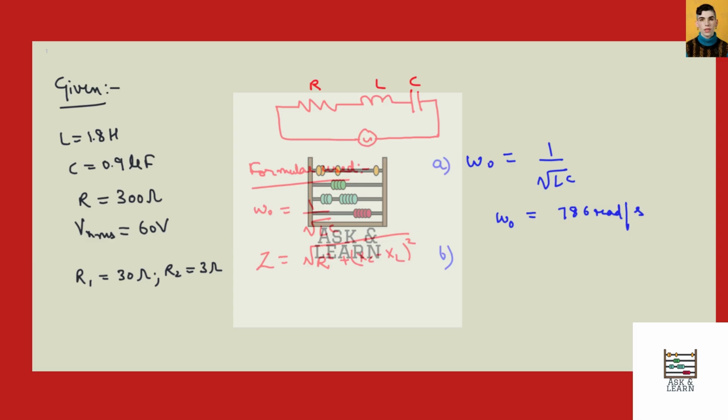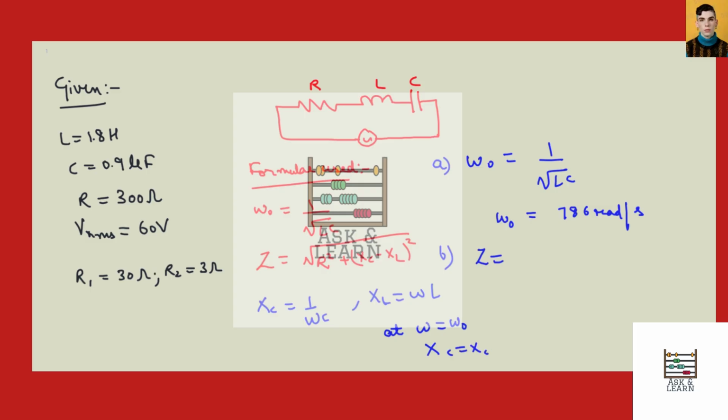Let's find the impedance first. Z is equal to, putting all these values here, and we know that XC is equal to 1 over omega C and XL is equal to omega L. At resonance frequency, omega equals omega naught, so XC is equal to XL.